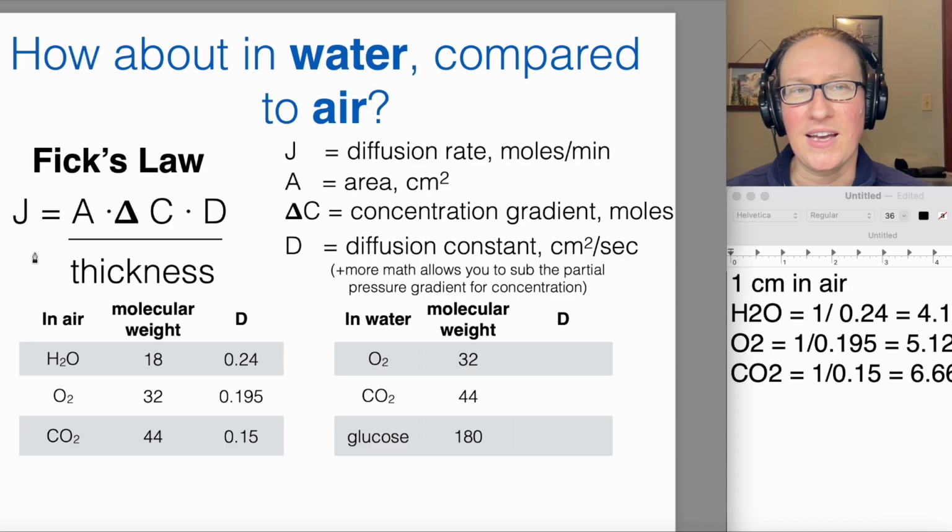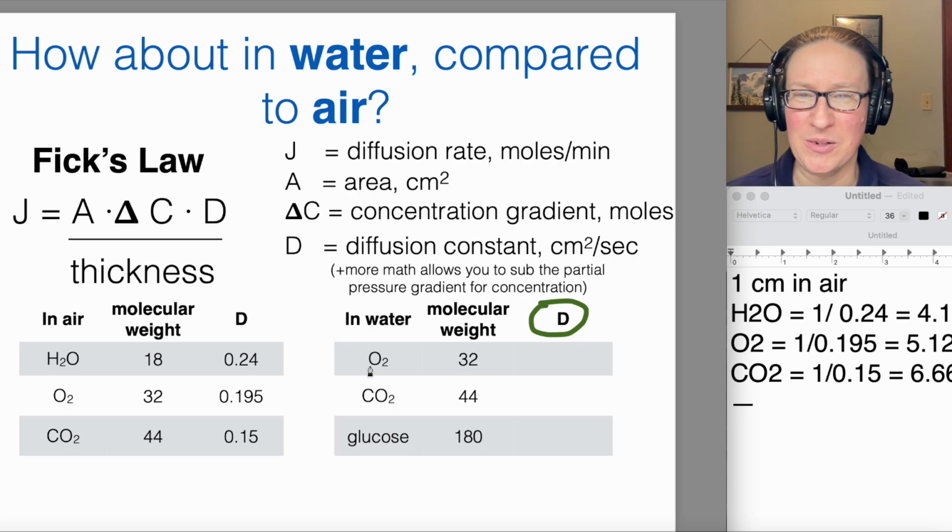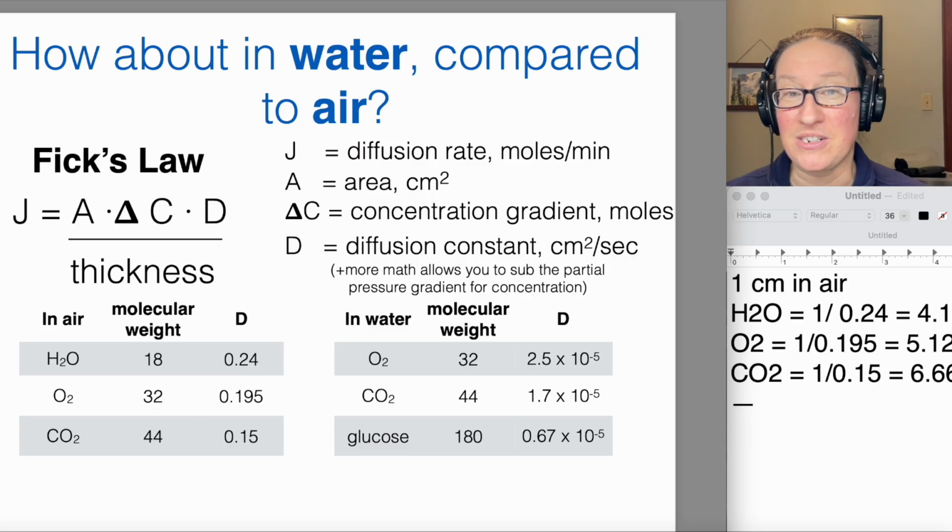Now let's look at how these diffusion constants look in water compared to air. Notice in this case I'm not comparing water moving in water, because that doesn't entirely make sense. So instead, I've added in glucose as another substance for us to consider. Here are our diffusion coefficients in water. For oxygen, we were at 0.195 square centimeters per second in air.